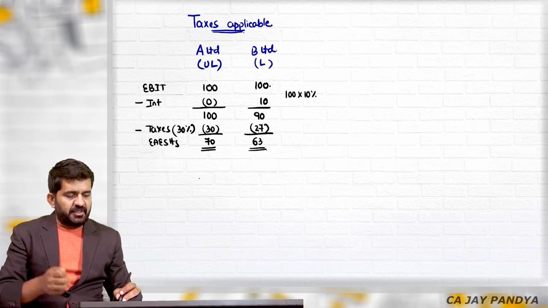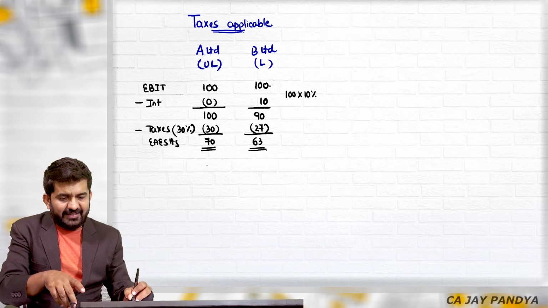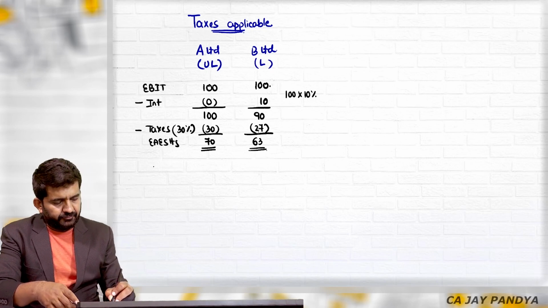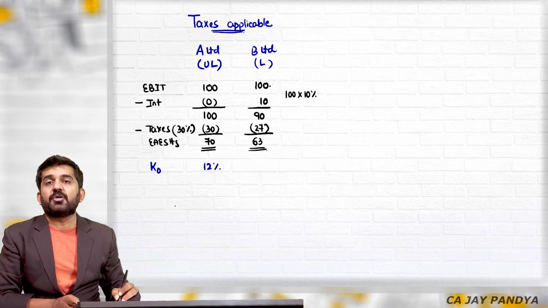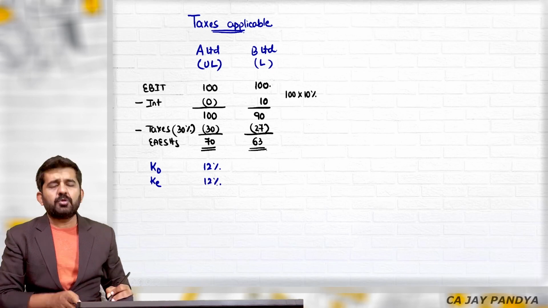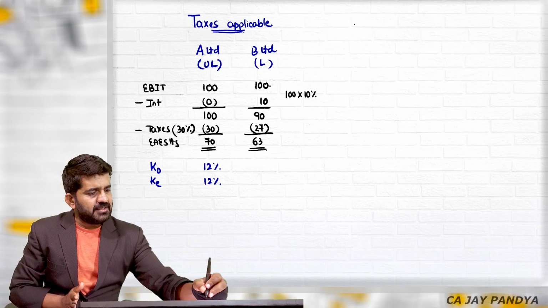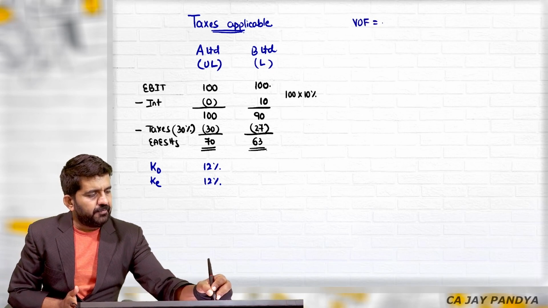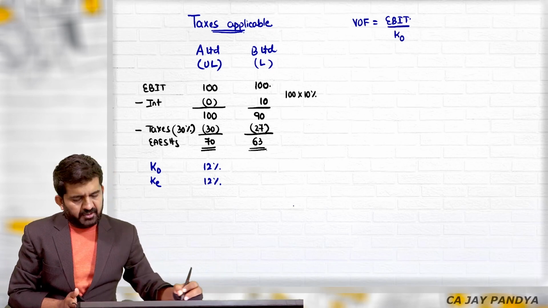Let us first understand the unlevered company. Try to concentrate on KE. First let me write down KO is equal to 12% for unlevered, so KE will also be equal to 12%. Sir, can I use value of firm is equal to EBIT upon KO?